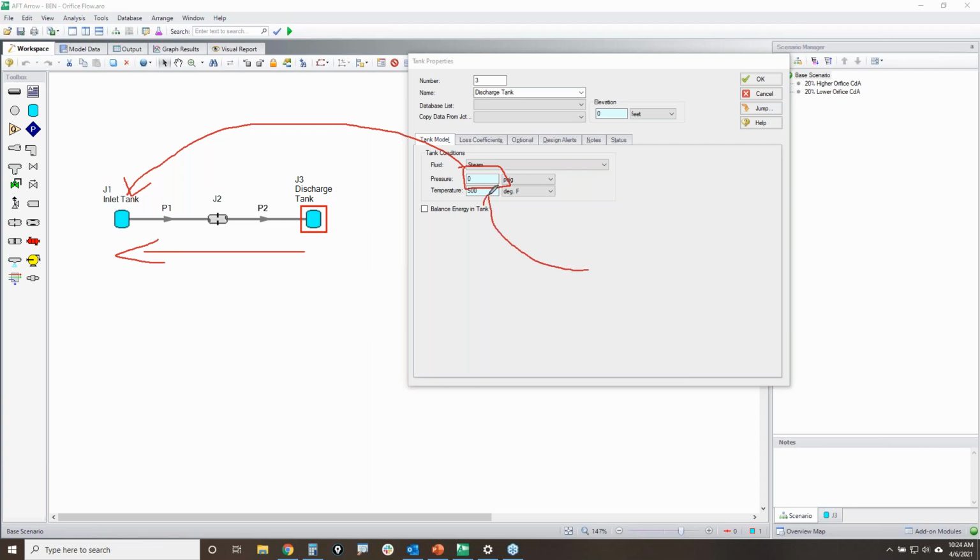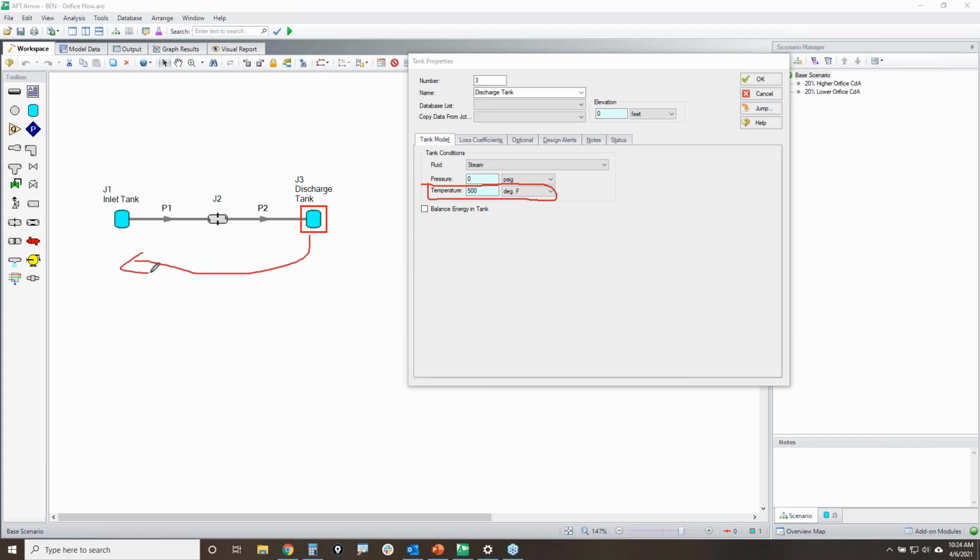That's where the temperature would be required. So one thing I want you to keep in mind is, for your discharge boundary conditions, the temperature is only going to be used if this discharge actually starts supplying flow. Otherwise you can make that temperature whatever you want, as long as you're flowing in the proper direction. It doesn't matter what it is.